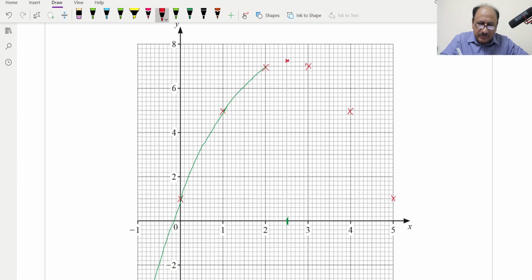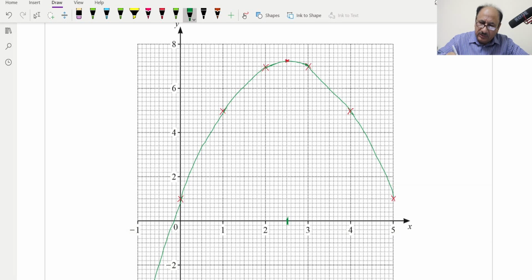So we can take this additional point, and now this additional point will help us to draw this turning point, this one. So now we have an idea of how this curve is bending or curving, and now we can complete this curve like this, almost smooth.